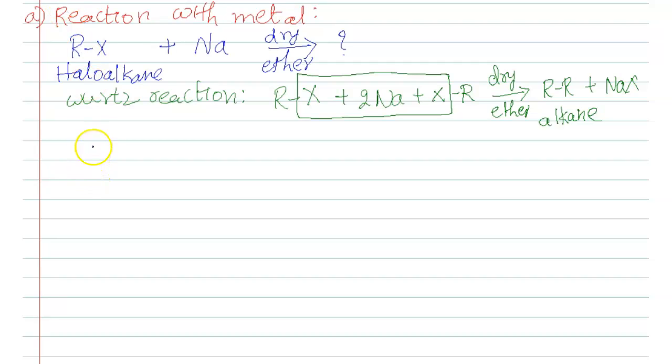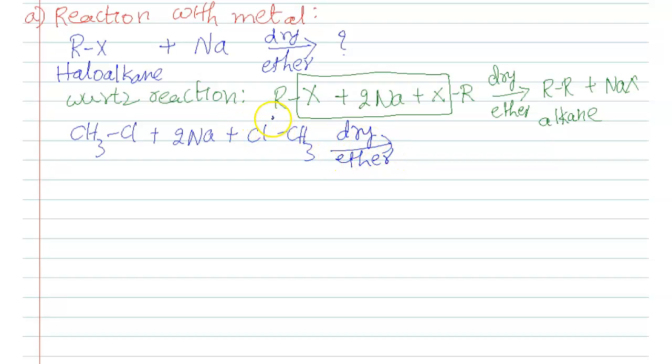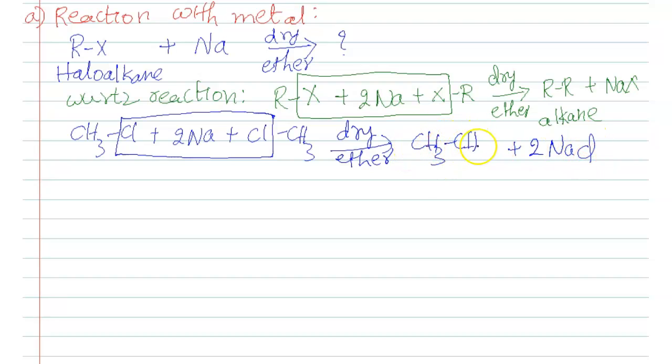We can take one example. CH3Cl plus 2Na plus another CH3Cl in presence of dry ether gives 2NaCl, and a methyl group combines with another methyl group, so we get ethane.